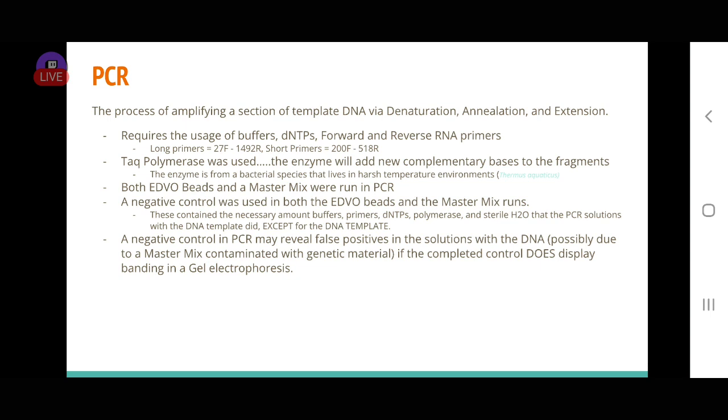The negative control may reveal false positives in the solutions with the DNA, possibly due to master mix contamination, or if one of the components itself, for example the buffers, dNTPs, or the forward and reverse primers, got contaminated with genetic material when the solutions were being mixed together. That could be determined if banding in gel electrophoresis does appear in the negative control well.